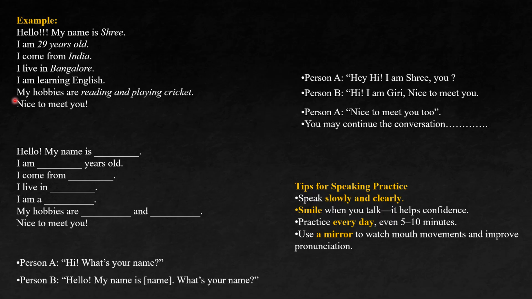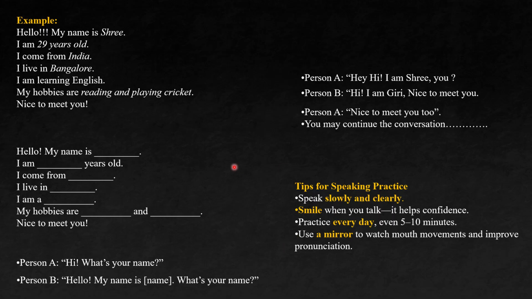Let's say, my hobbies are reading and playing cricket. Instead of that, my hobbies are reading and playing cricket. Fine, right? So I'm just fluctuating my pronunciation and accent. I hope you got how to improve your pronunciation as well as the accent.